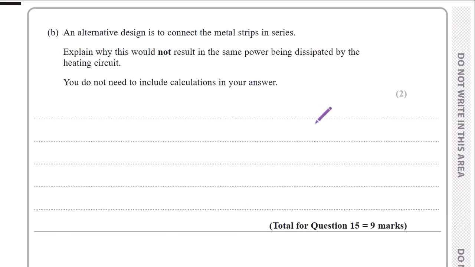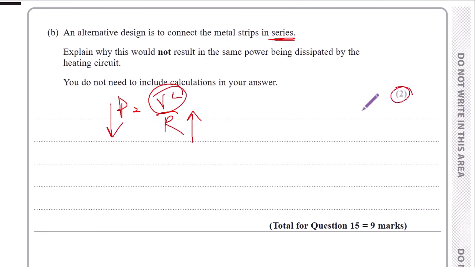So when you recall the equation, power equals V squared by R, the V remains the same, but when you connect them in series, the total resistance increases, so the power dissipation decreases. So it's a 2-mark question. 1 mark should be for the total resistance being greater now, so the power dissipation would be smaller.